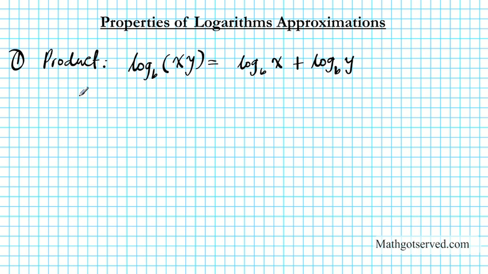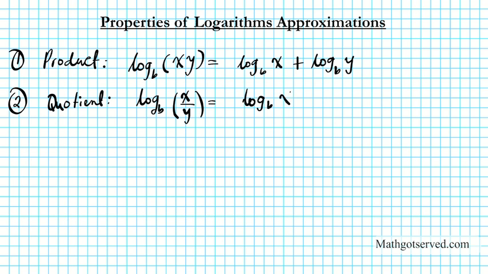The next property is the quotient property. If you have log base b of x over y, it can be written as log base b of x minus log base b of y.